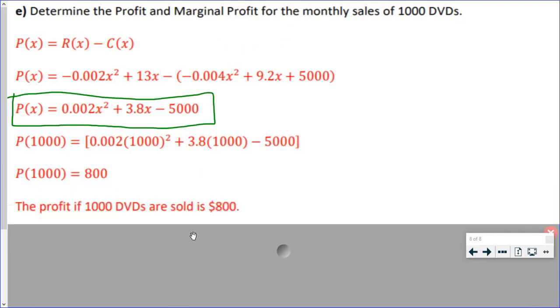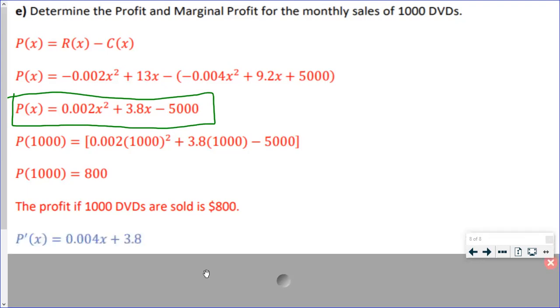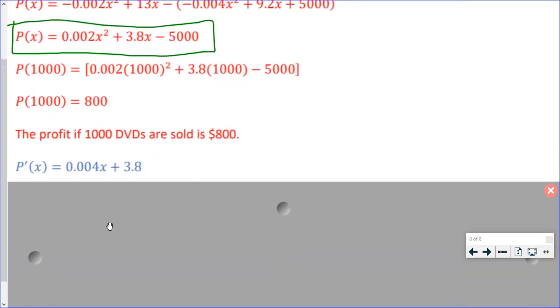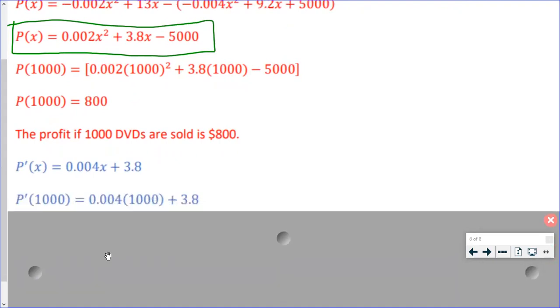Okay, so when 1,000 DVDs are sold, we have a profit of $800. Now, the marginal profit refers to the instantaneous rate of change of the total profit. So the marginal profit would be the derivative of my profit equation, which is simple enough, substituting 1,000.